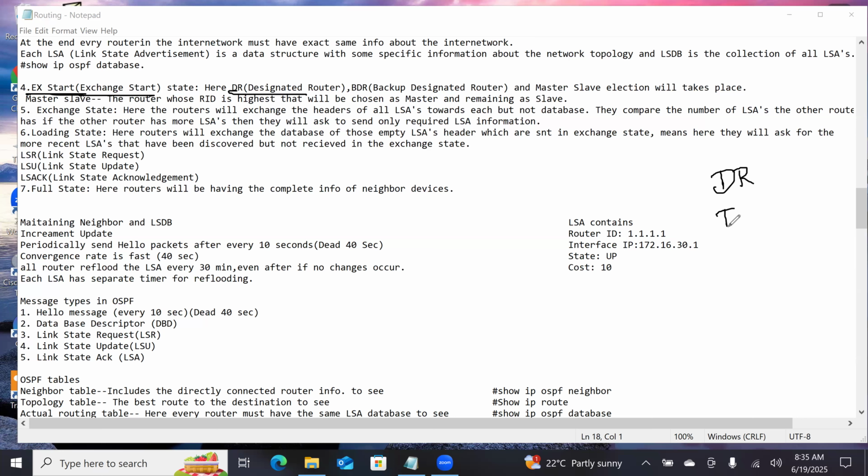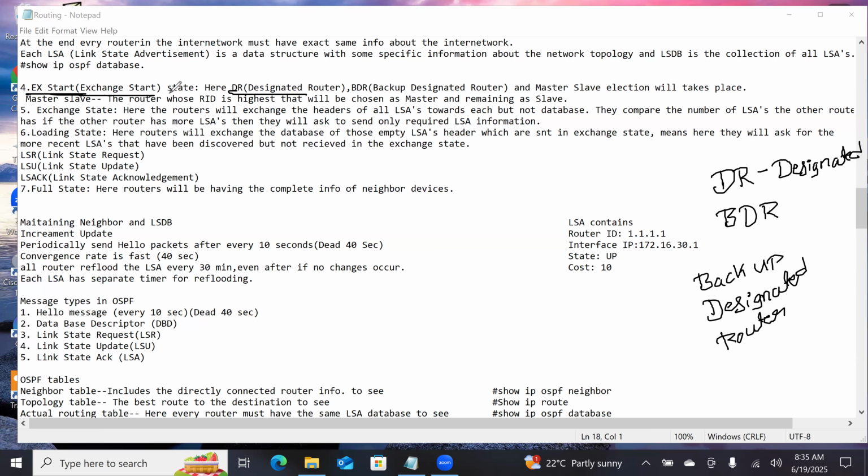DR is the designated router, and BDR stands for backup designated router. These are the two router roles we have in OSPF. We'll discuss the role of DR and BDR later.